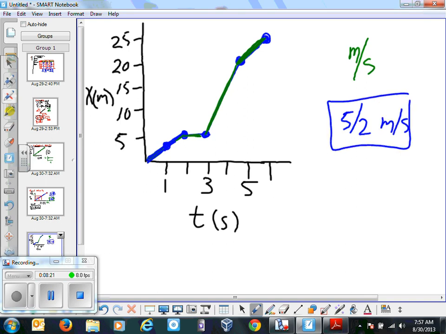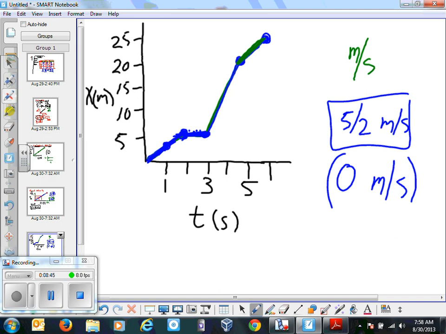That would be my instantaneous velocity for this first part of the line. Well, how about this piece right here? The slope of the line between 2 and 3, it looks like that guy just stood still there for a second. So there's no slope. There's 0 meters per second for this whole portion of time. And at any instant along this line, it's going to have an instantaneous velocity of 0 meters per second.